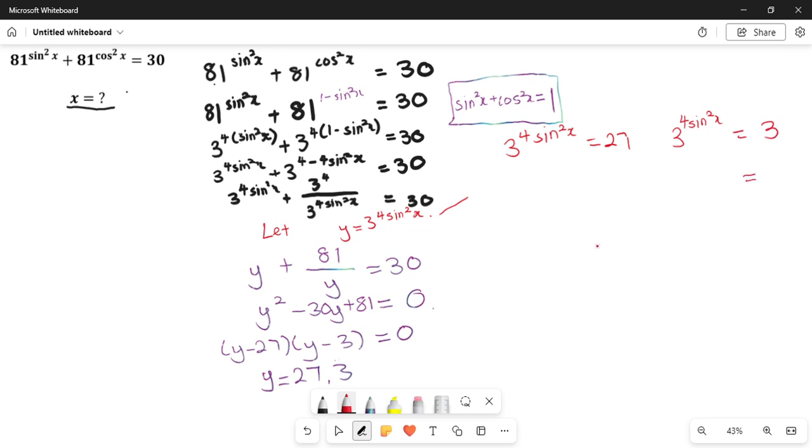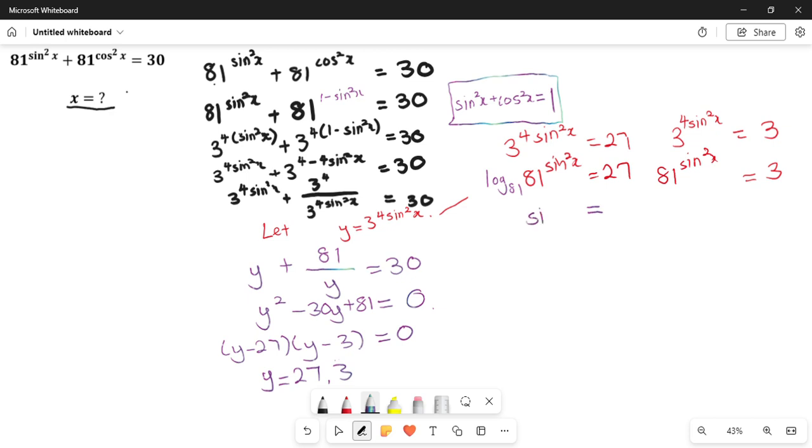I like to make it into the lowest base term, though you don't really need to. So 81 to the power of sine square x equals 27, or 81 to the power of sine square x equals 3. Let me solve this part first. I can take the log of both sides, log base 81, so I can bring down the sine square x.